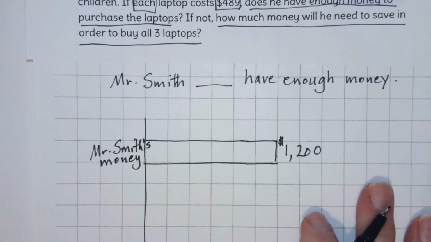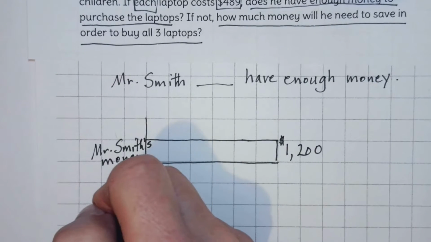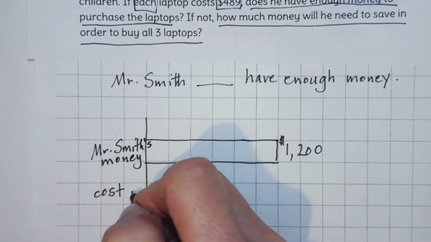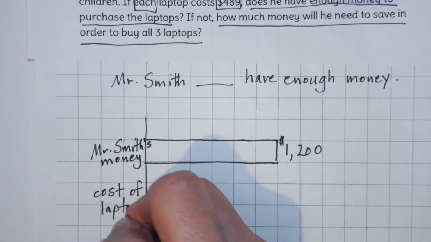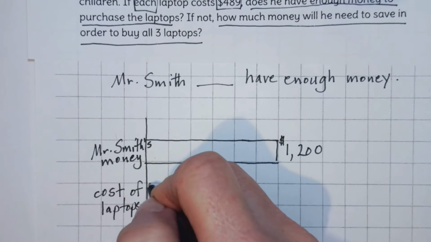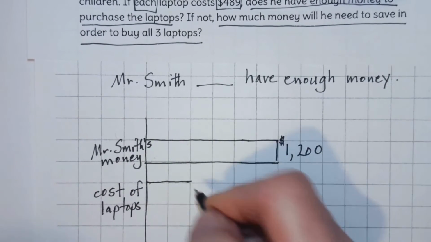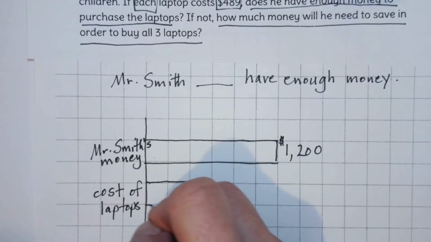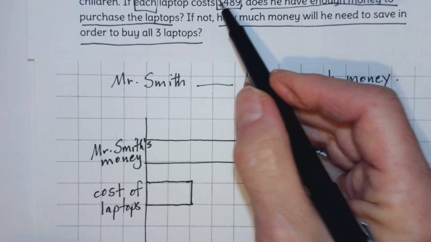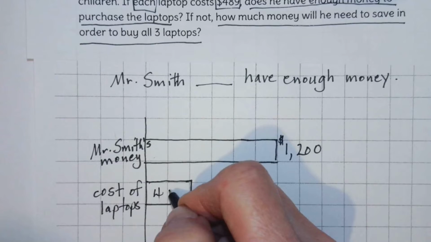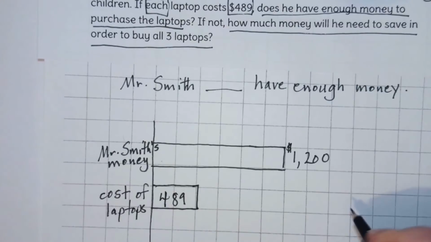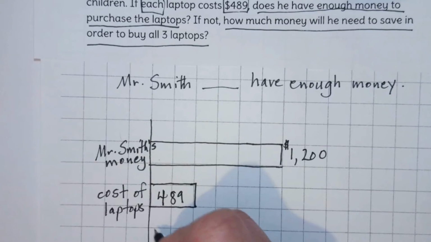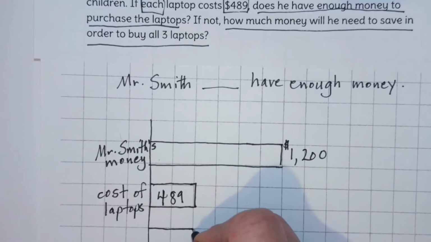And so here I'm going to put how much the cost of laptops. So I know that one of them is going to cost $489. Okay, and he wants to purchase 3 of them.